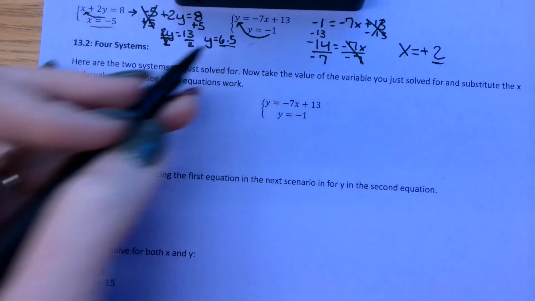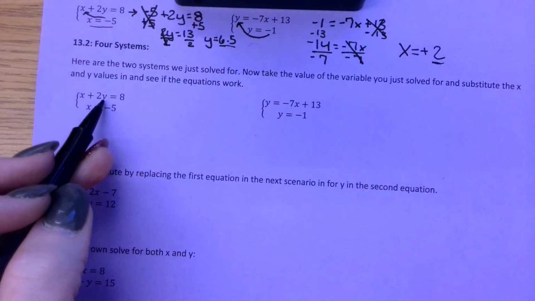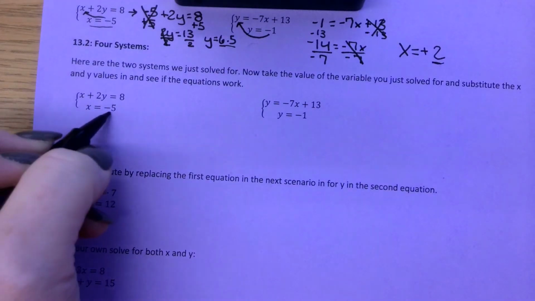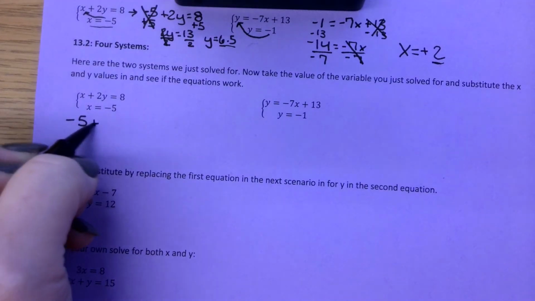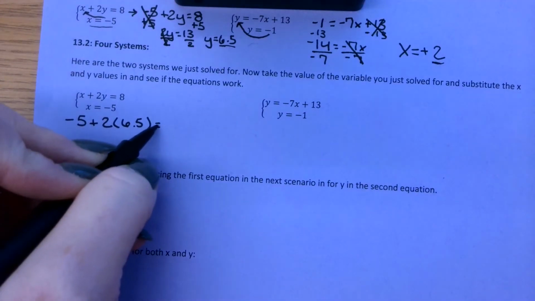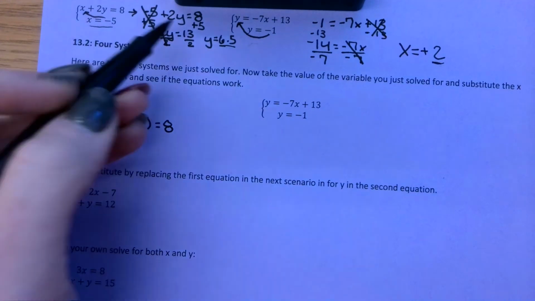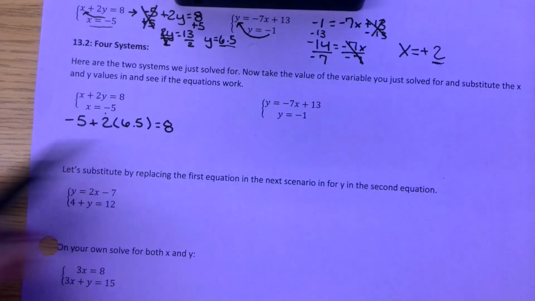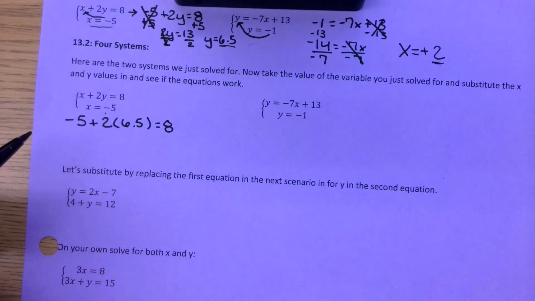So in the previous one, I solved that y was equal to 6.5. So I'm going to take my -5 for x plus 2 times 6.5 equals 8. Because I solved up here that y was 6.5, and they're telling us that x is -5, I'm just seeing if this is a proper solution for this equation.